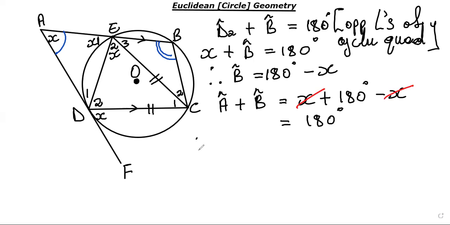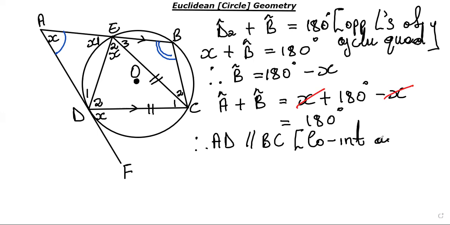So what is our conclusion then? Well, we say, therefore, AD is parallel to BC. Why is AD parallel to BC? It's because co-interior angles are supplementary. Or you can say they add up to 180 degrees. So you have shown that this one is parallel to that. And it was given that AB is parallel to DC.